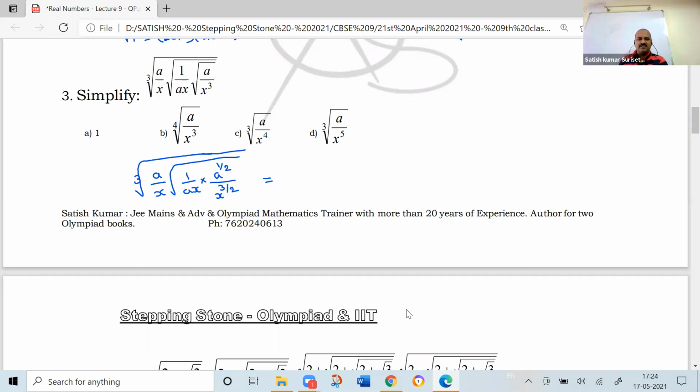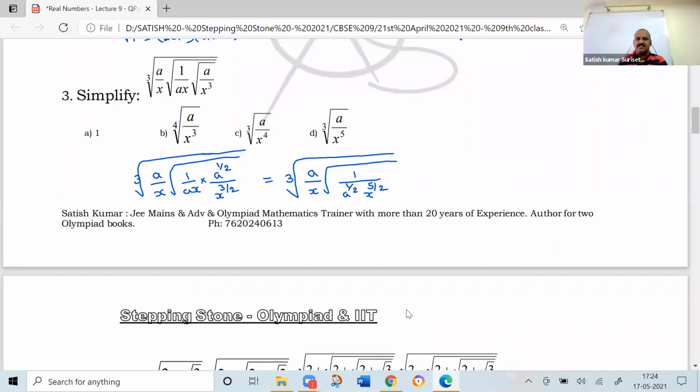So this will now be cube root of a by x into square root of, now here a power 1 by 2 and here a is there, and here x into x power 3 by 2. So 1 upon a to the power of 1 minus 1 by 2, means a to the power of 1 by 2. x to the power of 1 plus 3 by 2, so x to the power of 5 by 2.